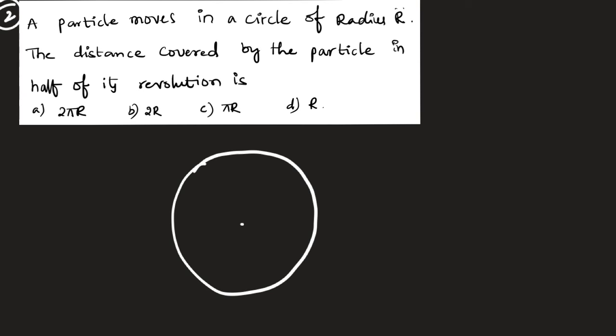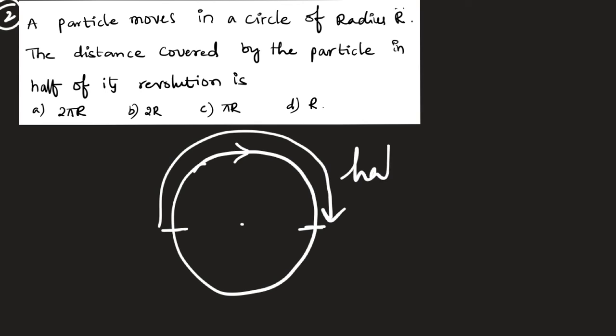It means the particle might have started from here, then it has come here. From here to here, this is the half revolution. One full revolution means it starts from here and then again comes back to the same point.